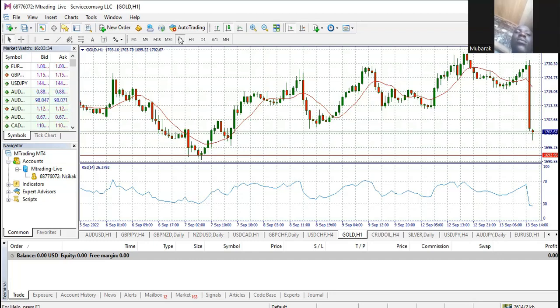So with this type of news, if I'm in a trade that is against the dollar, I'll close. Because no matter what I think of the news, I will not take a trade until I see clear signs on the chart. That's how I trade. I'll never take a trade hoping that the news will come and favor me.